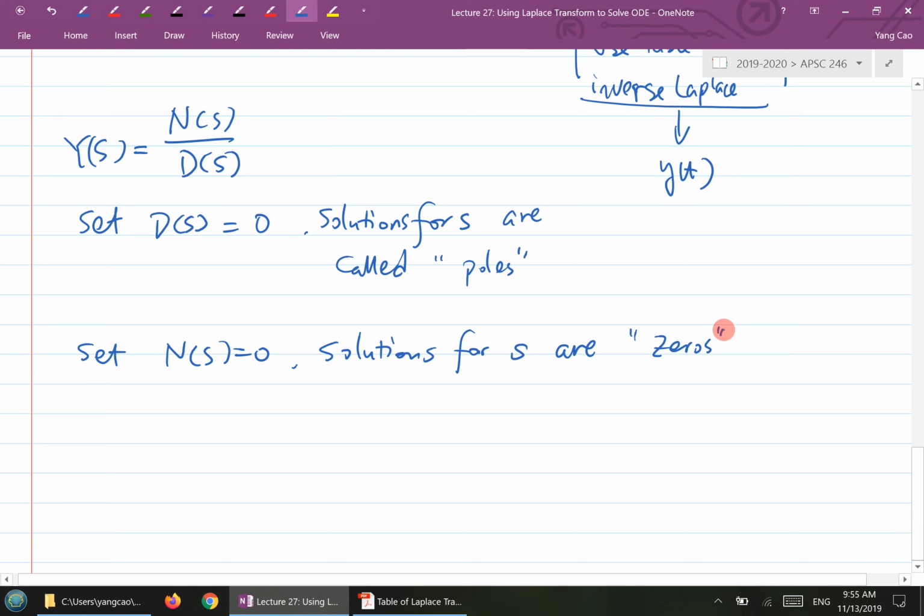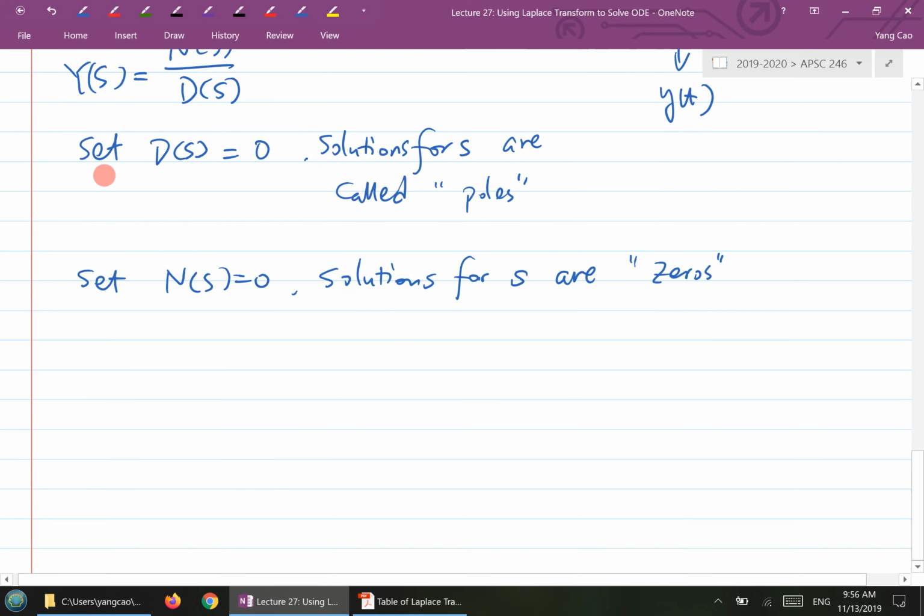Now I'm going to show you, given different types of Y of s, how do we decompose it and find the inverse Laplace of that? Let's start from case number 1. We call that simple poles.